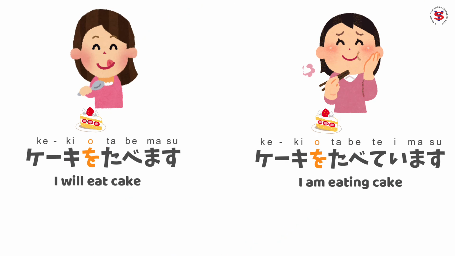I will eat cake. Then we have keiki o tabete imasu. I am eating cake. So nakikita natin dito sa one side, keiki o tabemasu, ang action ay gagawin pa lang. Whereas keiki o tabete imasu ay ginagawa na yung action. So kumakain na siya ng cake.